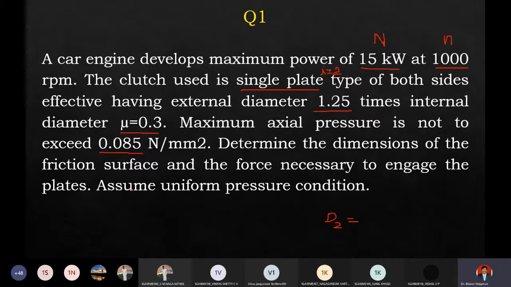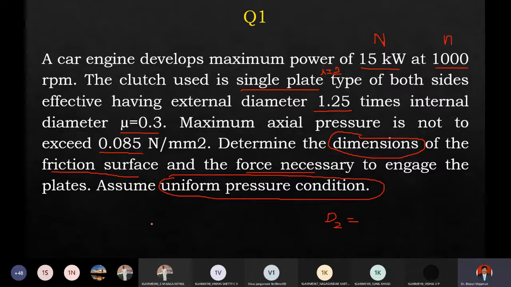So he has given the pressure. What exactly are you supposed to do now? Determine the dimensions of the frictional surface, especially the frictional face, and the force necessary, the force Fa. The other most important thing in the question is the uniform pressure condition. We are going to solve using the uniform pressure condition.